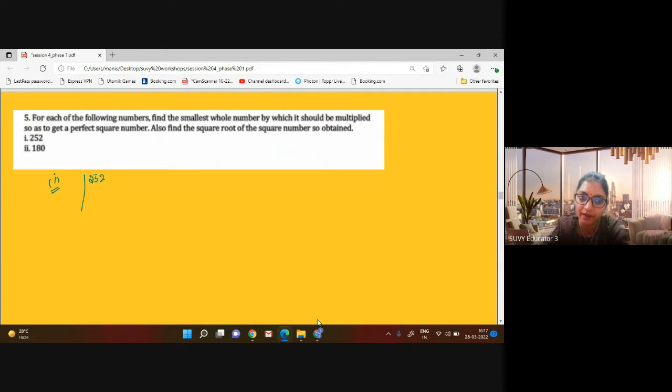Let's start prime factorization very first. 2 ones are 2, 2 twos are 4, 2 sixes are 126, 2 threes are 63. 7 nines are 63, so it will become 3, 3, then 3, 1, right? So it means 252 is equal to 2 into 2 into 7 into 3 into 3.